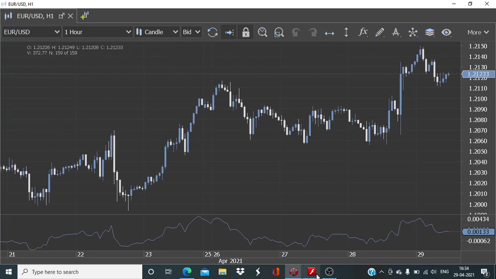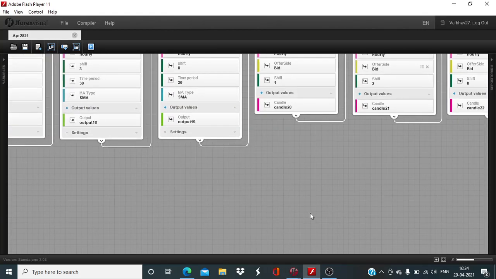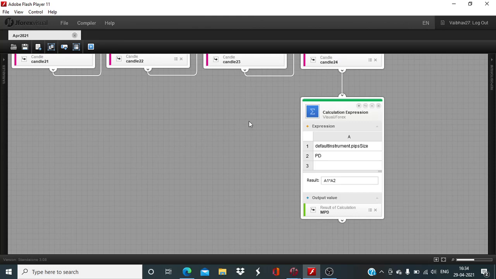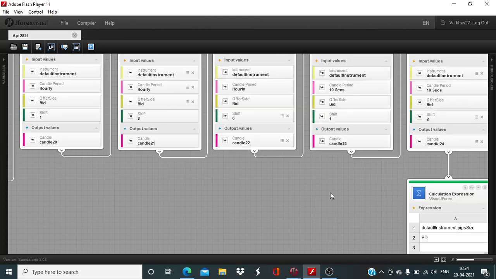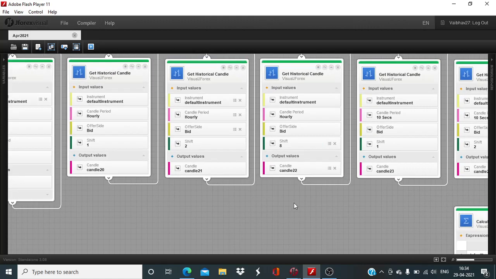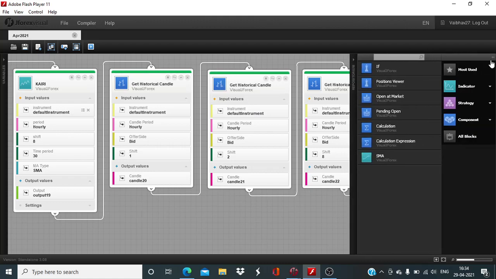So we start adding the building blocks of this algorithm, and here this calculation was done, and then we will also have to look at the actual price difference between the closing and the opening value for the last historical candle of the hourly time period.